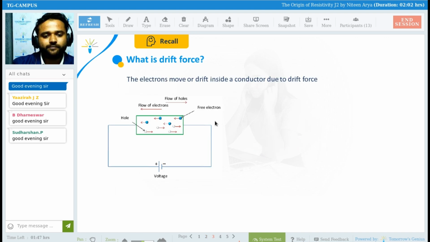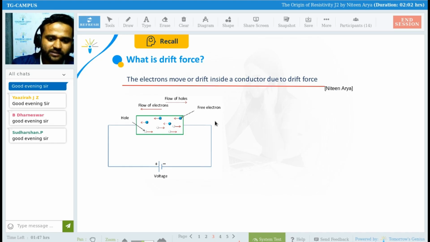So what is drift force? That is something new for you guys. A drift force is the force due to which electrons move or drift inside a conductor. What does this stand for in general? First of all, we know there is random motion of electrons.